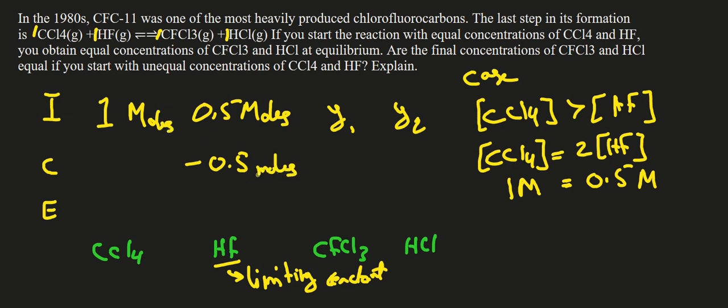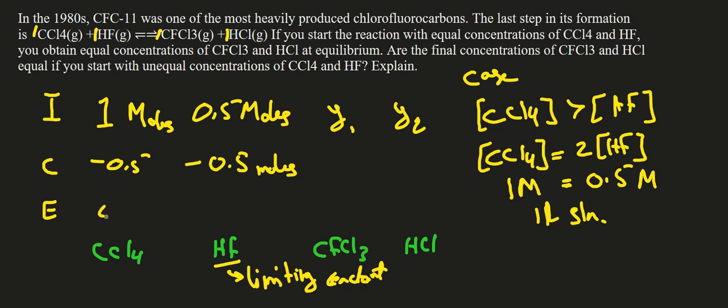So we consume the whole moles, assuming here we're using a 1 liter solution, and you end up subtracting. If half moles of the hydrofluoric acid reacts with half moles of the CCl4, you end up losing half of what you have of CCl4.